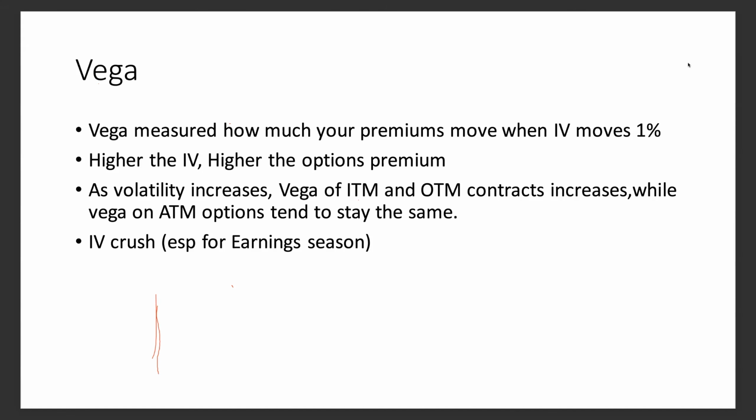As the volatility goes higher and higher, these out of the money options are going to have an increasingly higher IV percentage, which is going to push the Vega higher. While for the at the money options, the Vega increases steadily. It's not going to be as volatile as in the money or out of the money options.